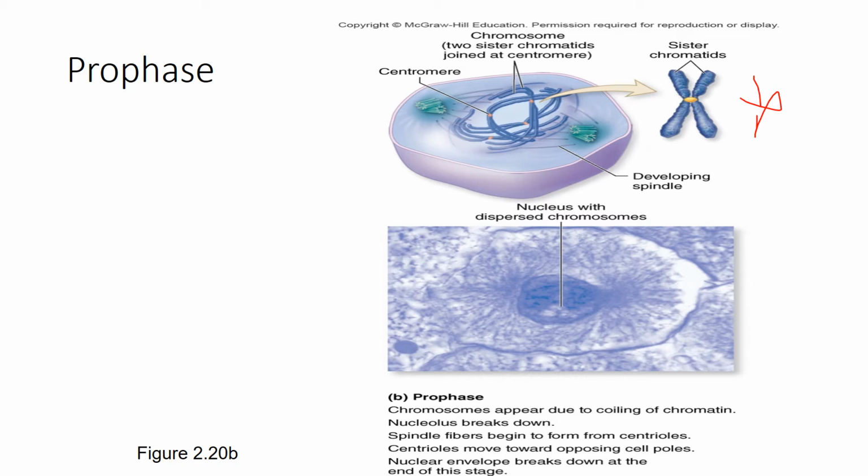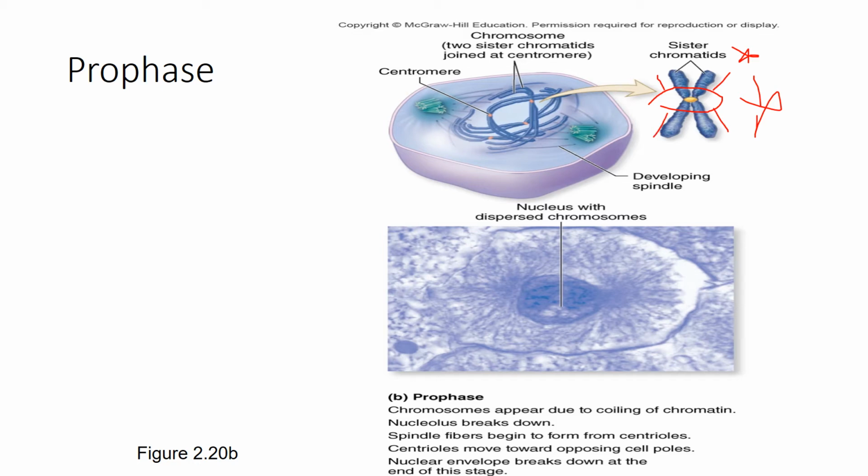Also, we're starting to duplicate and make these identical sister chromatids that are joined together at a region called the centromere. In this picture, it's that little yellow oval shape that is the centromere, and the blue lines are the chromatin.